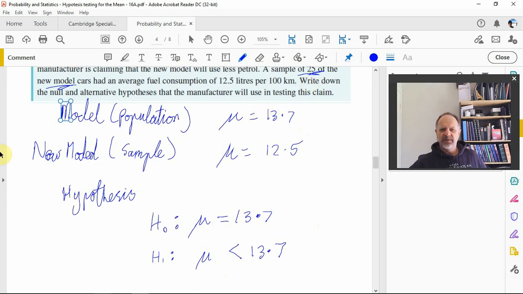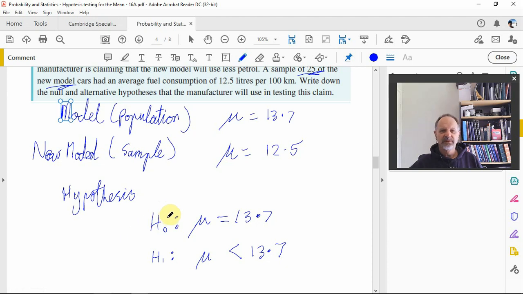So we're going to compare our new model with our old model, so the manufacturer can say, oh well, our new model is more fuel efficient than the old one. So we want our new one to be less than 13.7 as our alternative hypothesis. And then we need to test those.